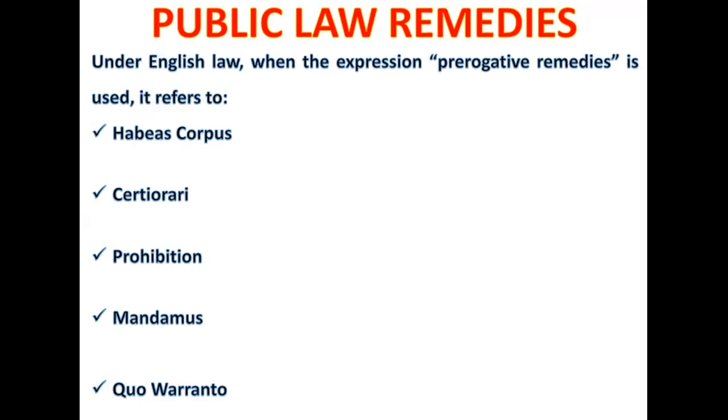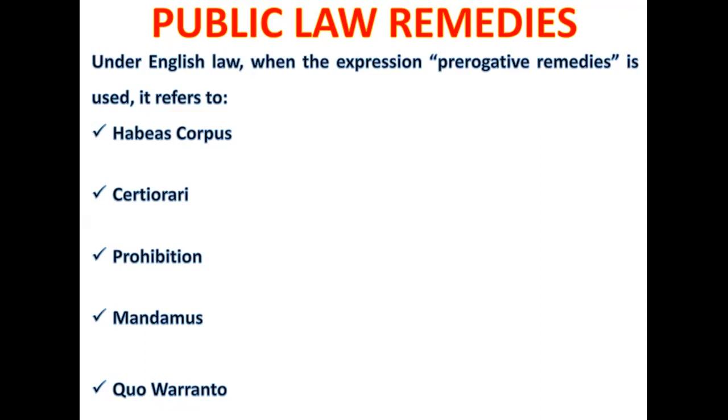These are strictly public law remedies, and they are not available in private litigation. In other words, you cannot go and sue your brother, who is a private individual not acting in any public capacity, and say that you're asking for a certiorari or a mandamus. Those writs do not operate in private law settings.